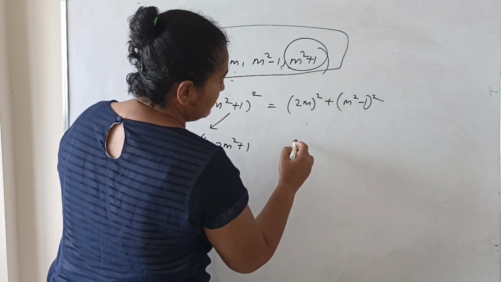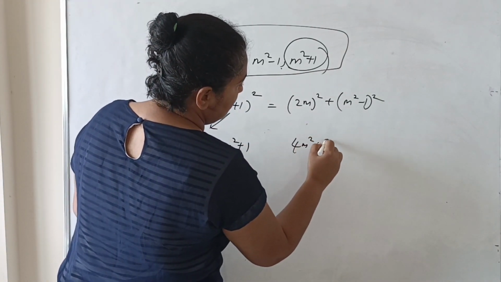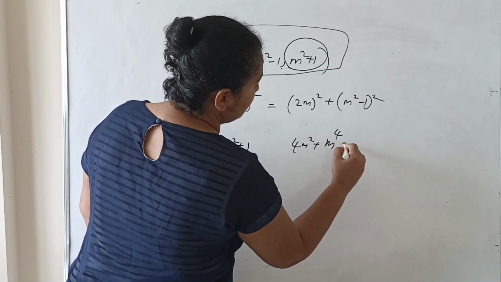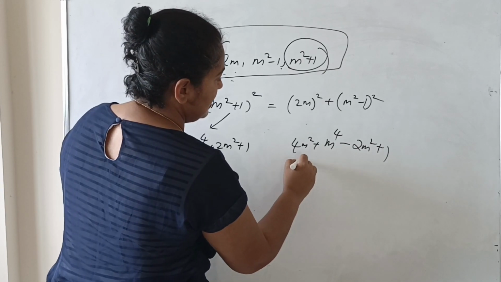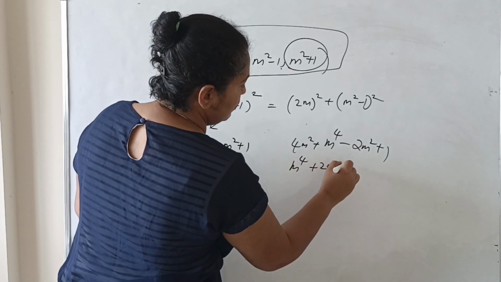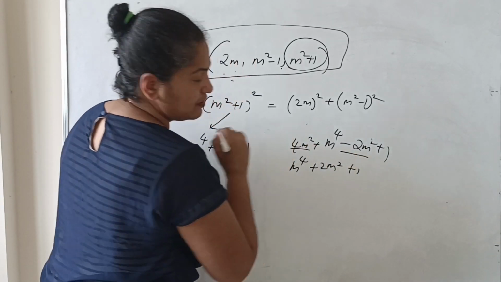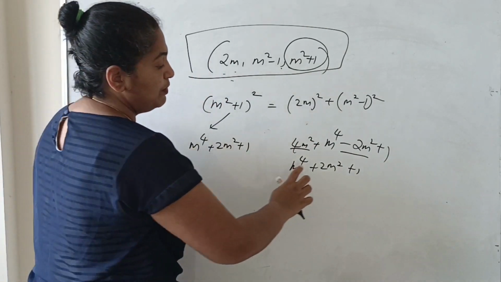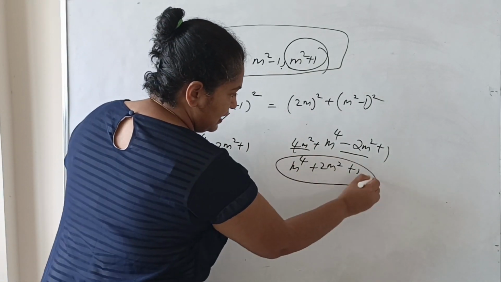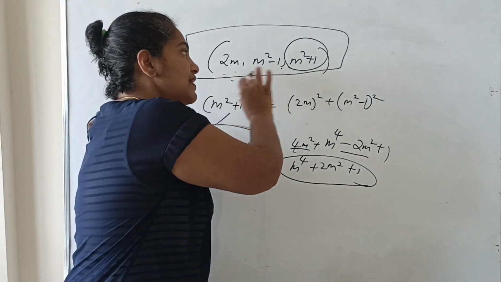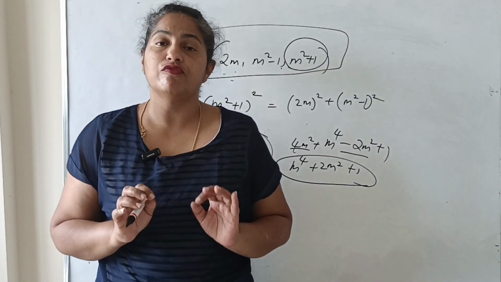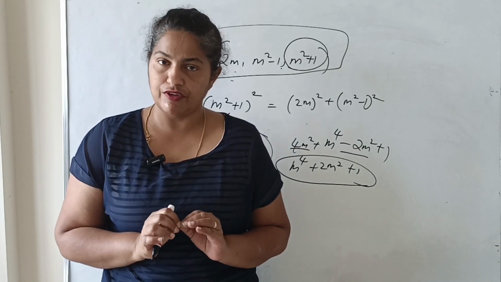What am I getting in the RHS? 4m square plus m raised to 4 minus 2m square plus 1. So this is basically m raised to 4 plus 2m square plus 1. This and this get cancelled to give me 2m square. So I can say that the RHS and the LHS are the same. So this is indeed the general representation of a Pythagorean triplet.